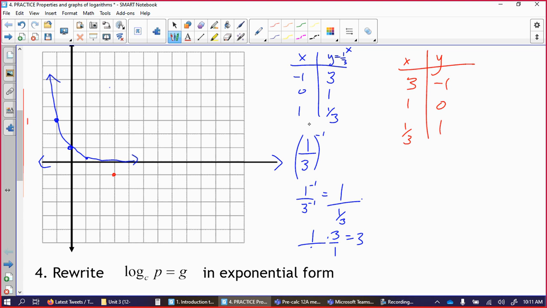So any fraction, when you take a negative exponent, it's 1 over whatever that is. So it's a reciprocal thing. If we have 1/3 to the -1, we're going to flip that back over. 3. Okay, I think that makes sense. Thank you.